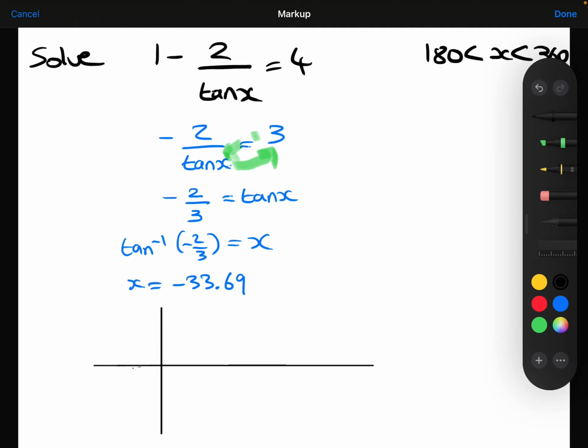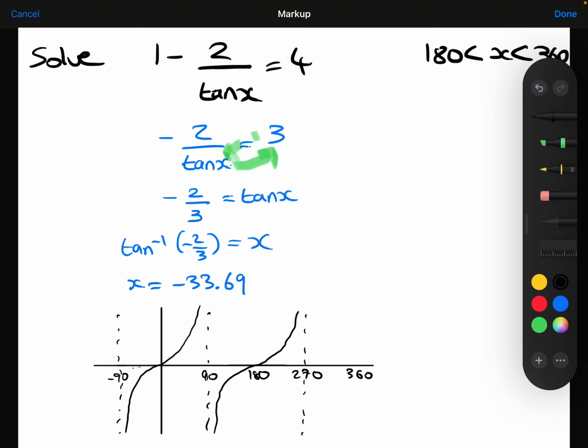As always, when we're drawing the tan graph, asymptotes go in first. Okay, so there's my tan graph.